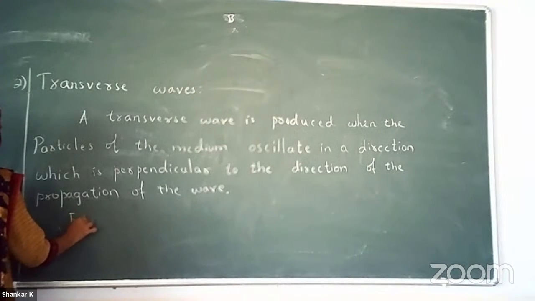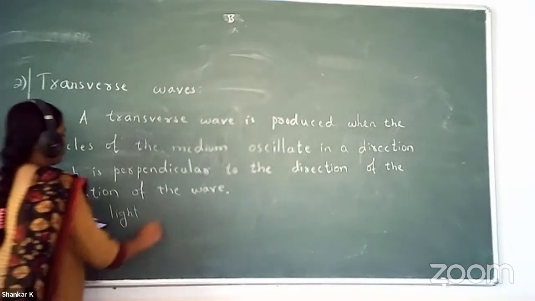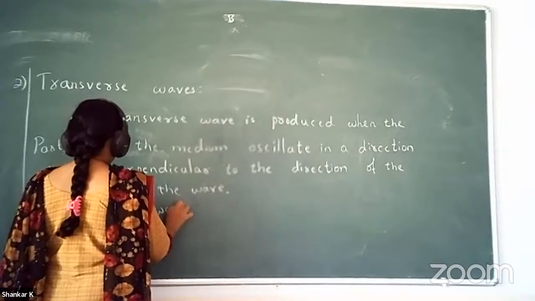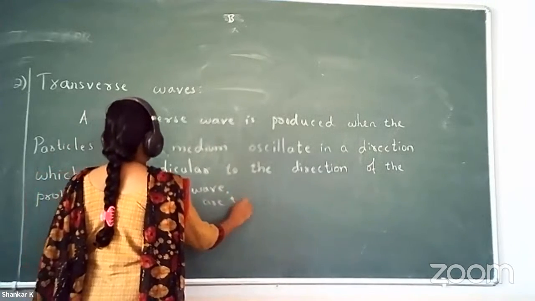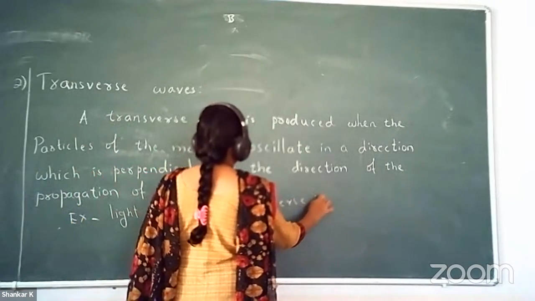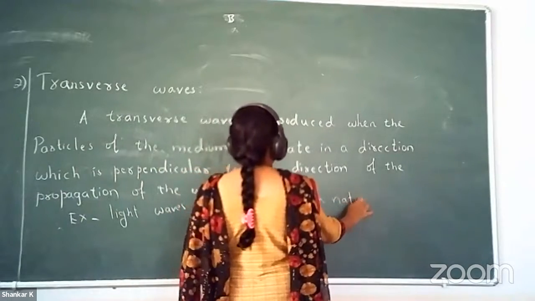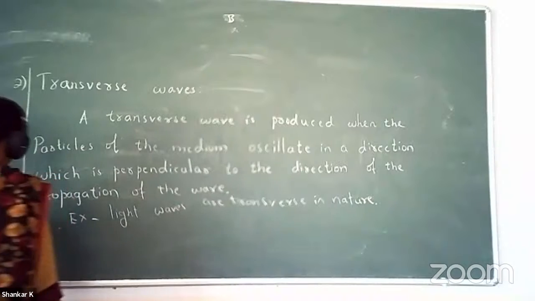Here, for example, a light wave is transverse in nature. So how can we show that?